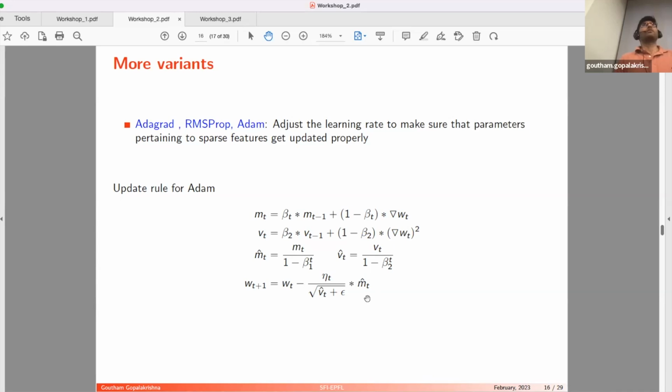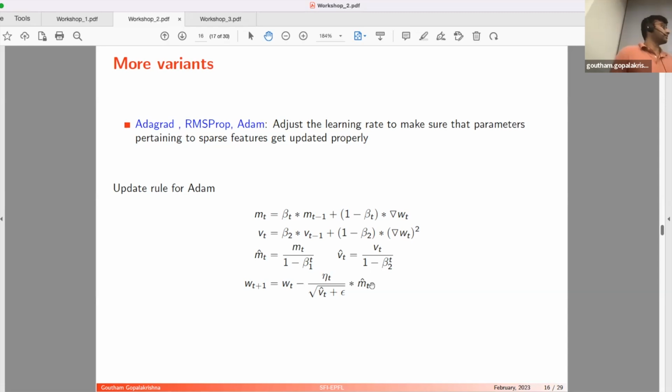What we are doing here is that we are also accounting for the history through this M. This M gets updated like this. Why is there an adjustment term? This is just a bias correction term. If you look at this equation, the expectation of this M quantity is the same as the expectation of this gradient, and so this M basically captures the history of gradients.